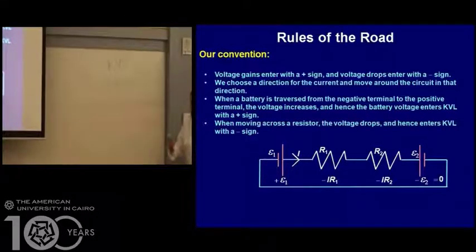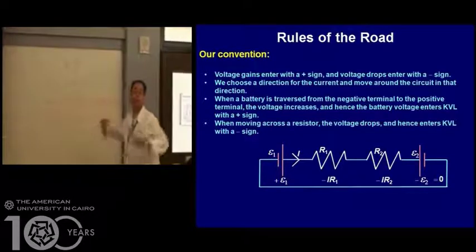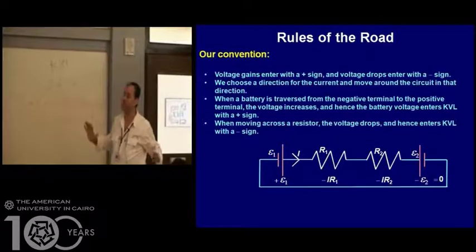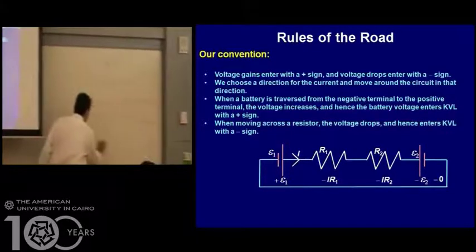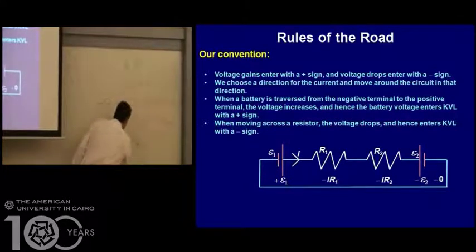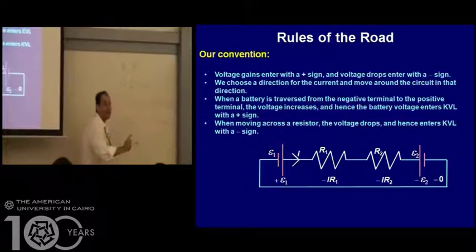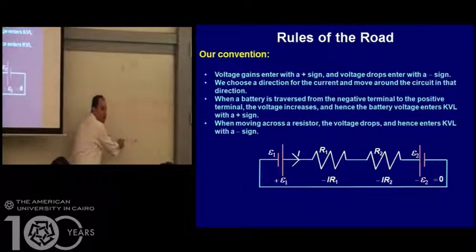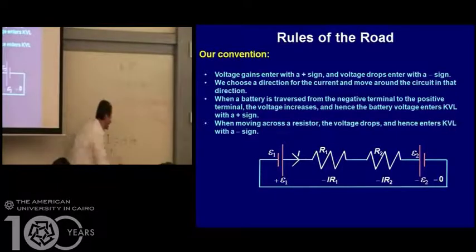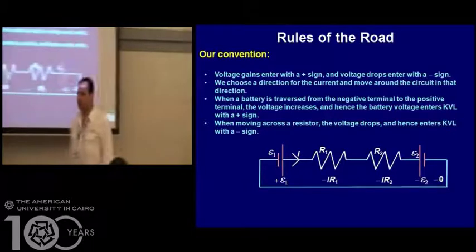But if you solve them for the current, let's assume that we know everything but the current, one of them will give you a current that's positive, and the other will give you the same magnitude of the current. If this gives you 2 amperes, this will also give you 2 amperes, but it's negative 2 amperes. What does that mean?